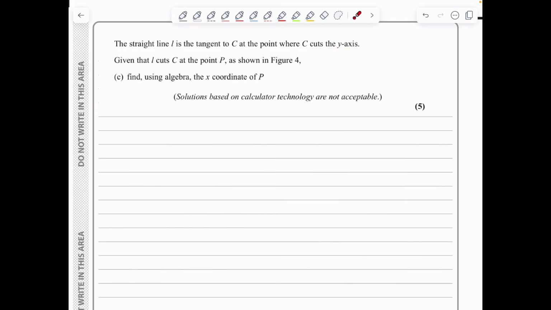So we have that f of x is 6x cubed plus 67x squared plus 126x minus 360. A cut on the y-axis means that x is 0. So it's easy to see that y will be minus 360, and therefore the point at which we cut the y-axis is (0, negative 360).